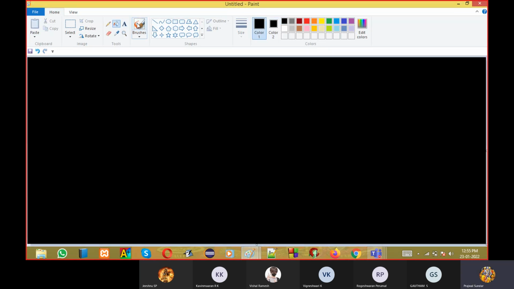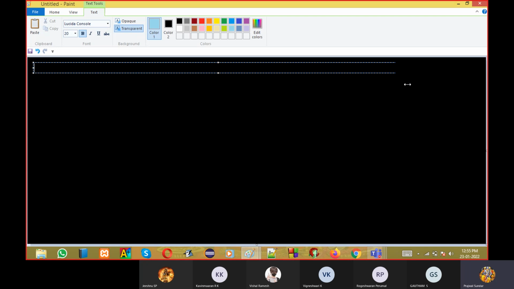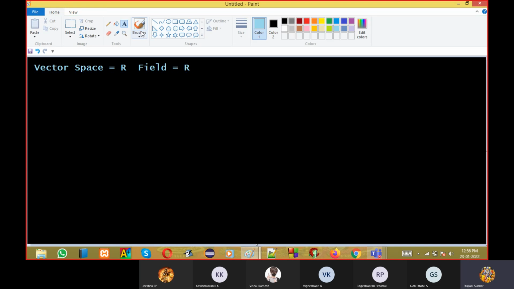Same thing. I will give you some subsets, and you will check whether each is a vector space or not. Look at this carefully. I am giving the vector space in tuples, and the field as R. So the vector space and field are provided.